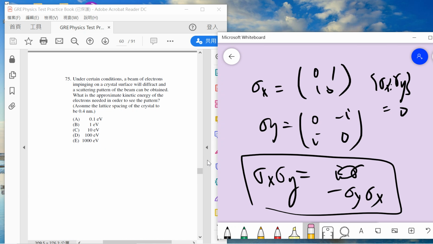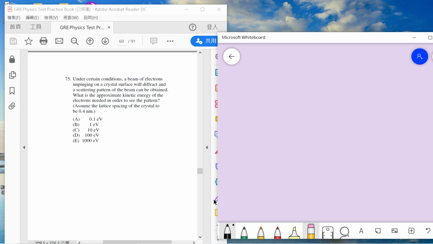Okay, so 75 is the last question in this video. Electrons are deflected in the scattering, and they ask about kinetic energy. You know that the Bragg condition tells you this.